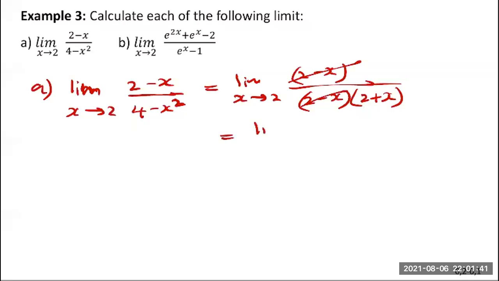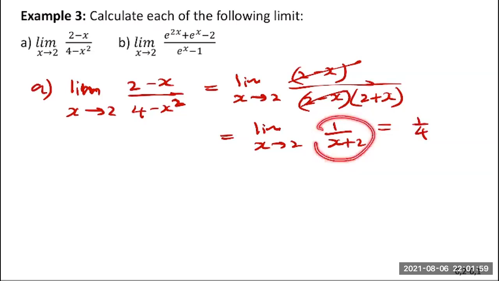This will be equal to the limit as x approaches 2 of 1 over x plus 2, which, if you plug in 2 in this algebraic function, you get 1 over 4. Remember, algebraic functions are continuous on their domain. So that's why I can plug in x equals 2 to get the limit.